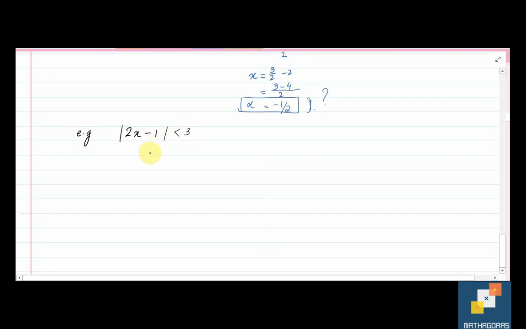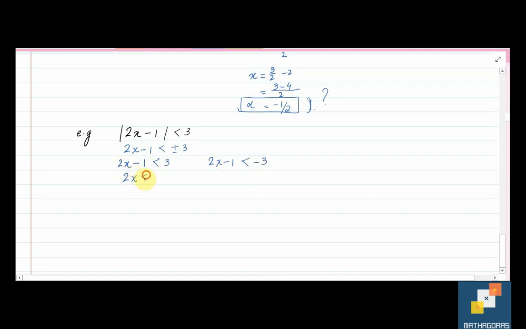If you are solving it algebraically without plotting the graph, then it is very same and makes sense. That first step, it will be 2x minus 1 should be less than plus minus 3, like we did in previous exercise. 2x minus 1 should be less than 3. 2x minus 1 should be less than minus 3.